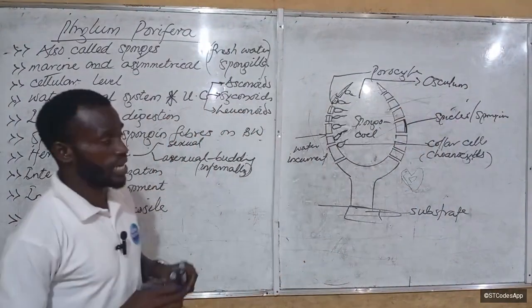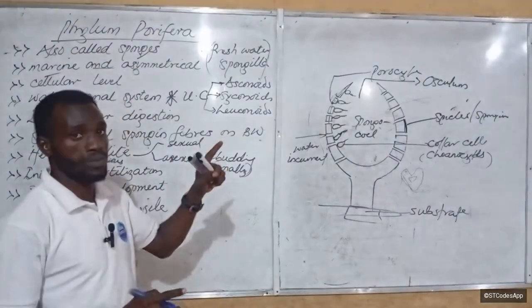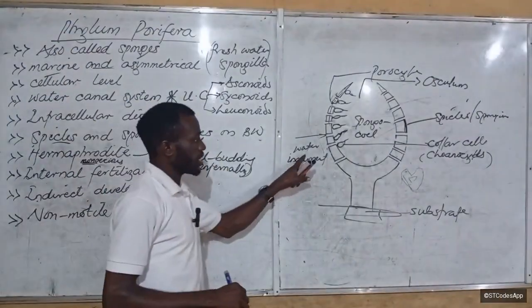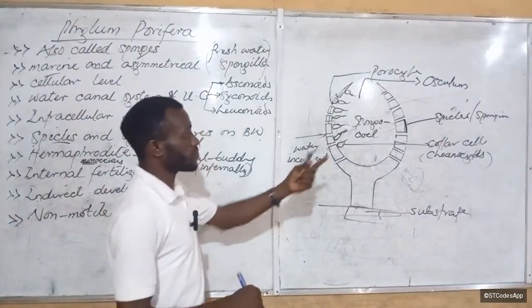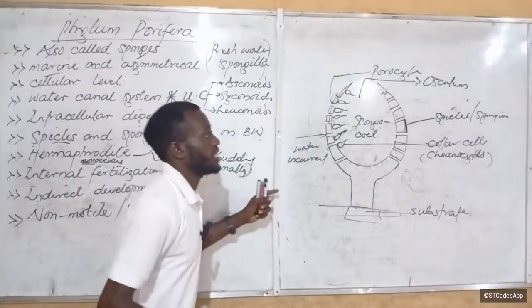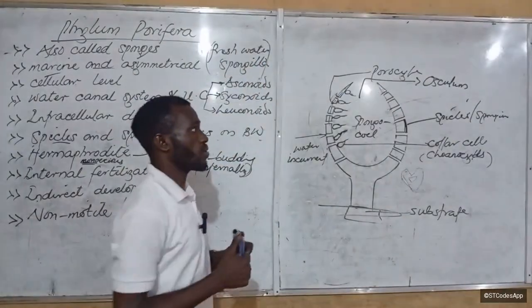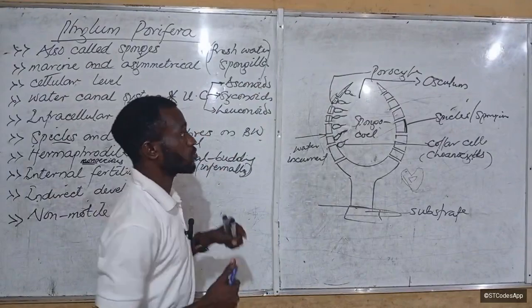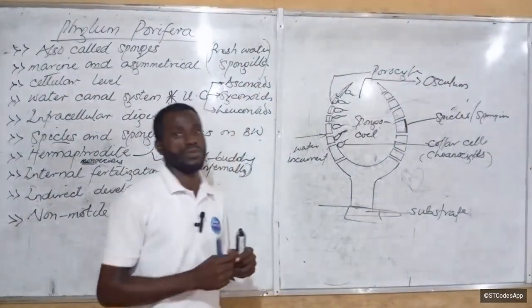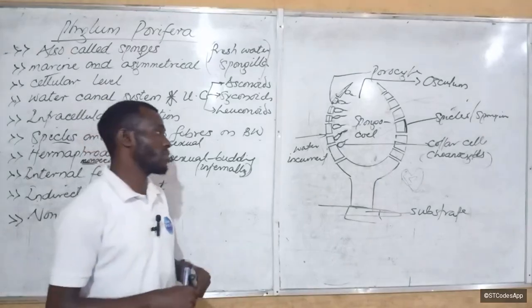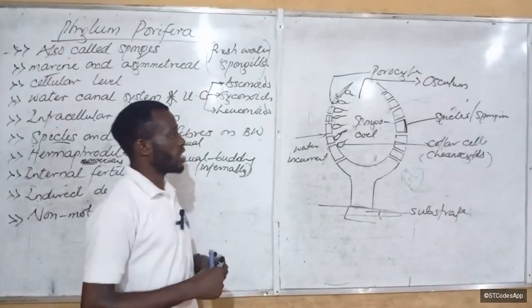So they have only one opening outside, which is the osculum. The in-current water will bring oxygen, food, and whatever it needs, and then the waste will flow out of the osculum. I've given examples: sponge, Ascon, Sycon, etc. Those are examples of sponges.